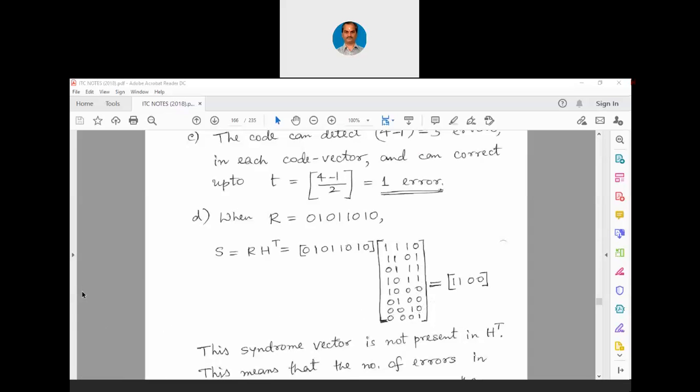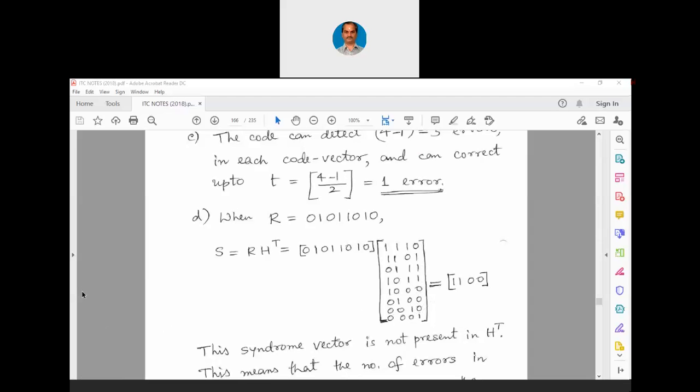Now, what may be the solution for this? The solution is to have a bigger parity matrix, so that we will have more syndrome vectors. That is one solution. If the receiver is able to compute all the syndromes, then it can correct all the errors.